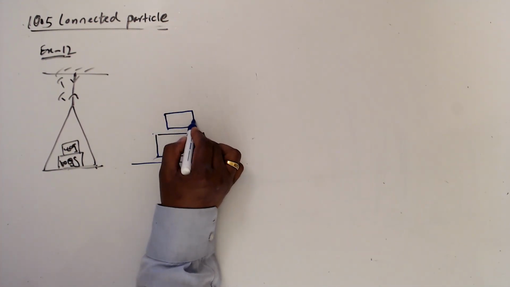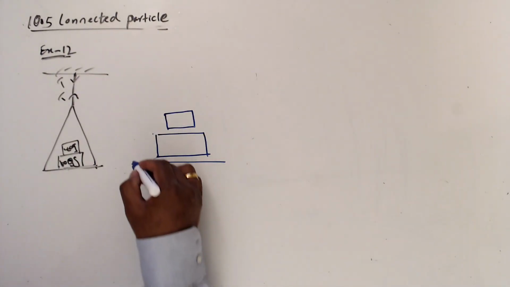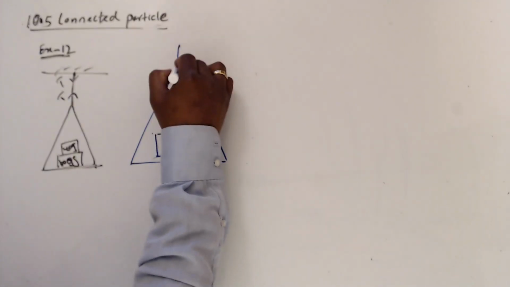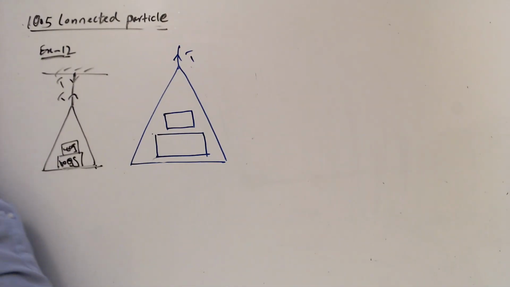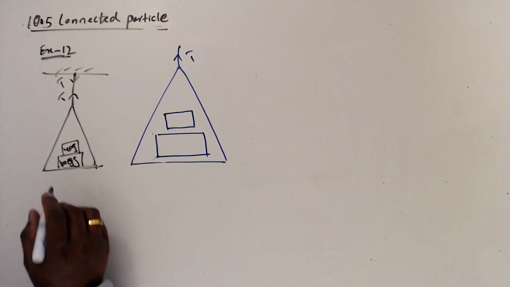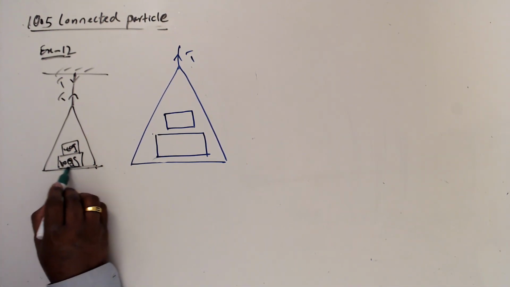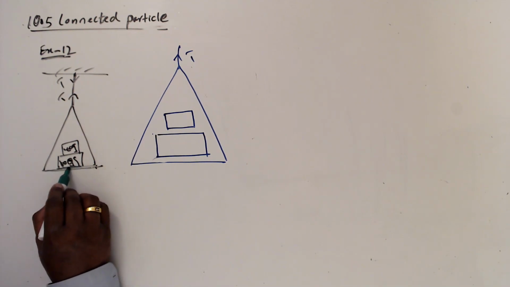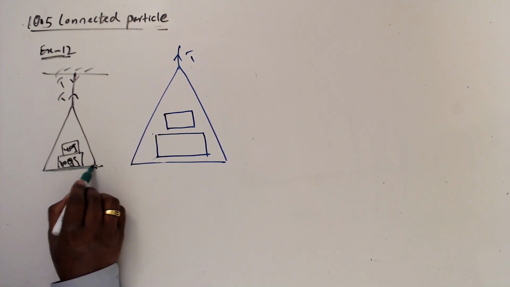So it has a small gap as well, and then this is attached to T. Now this scale touches this surface. When this scale touches this surface, it feels 600.